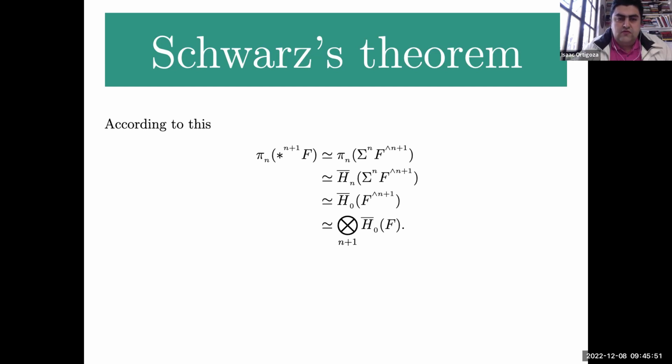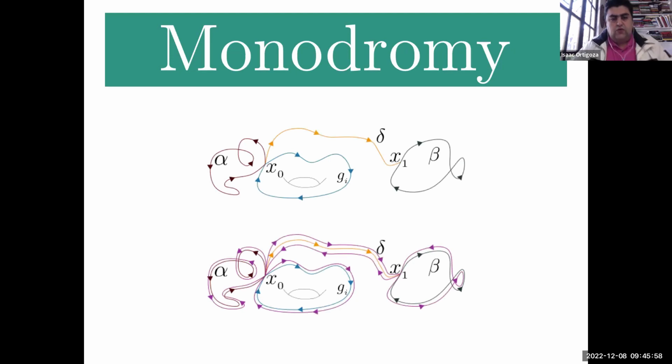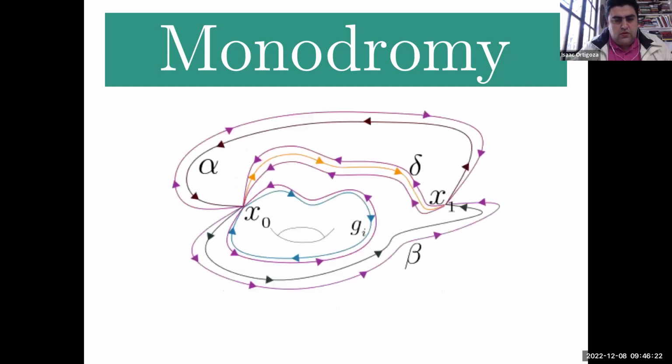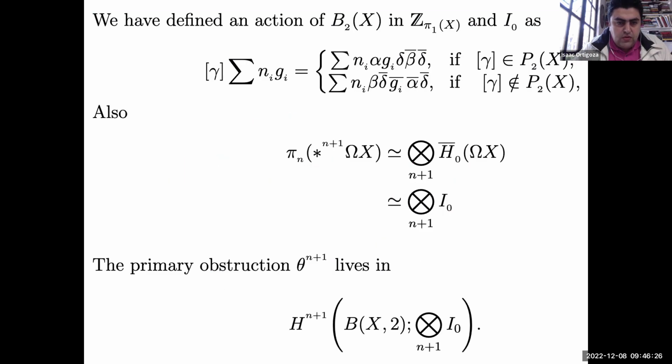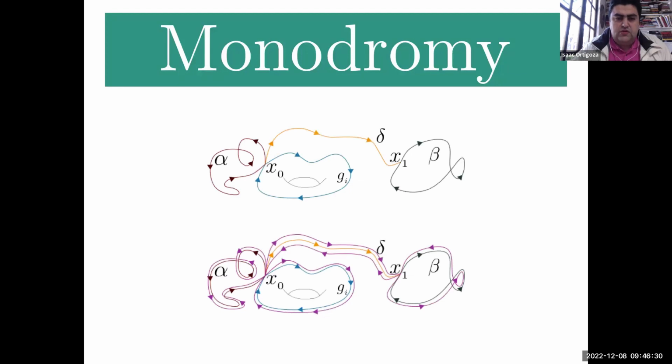Well, if we use an element of the fundamental group of X, and we interact this element with a braid, with a two-strand braid, we need to understand this element of the fundamental group as a path from x0 to x1.